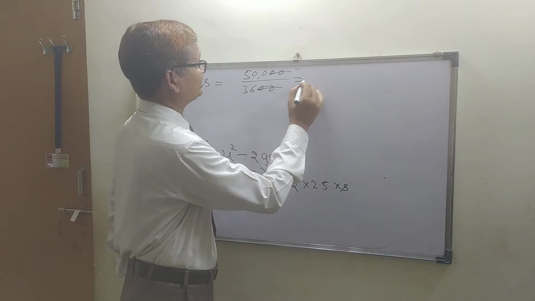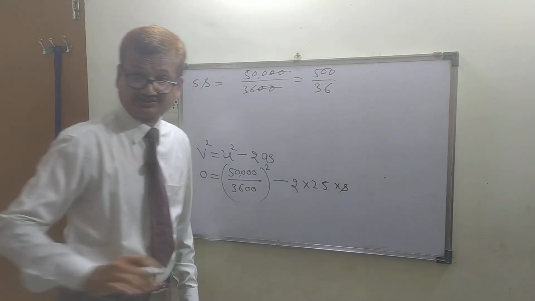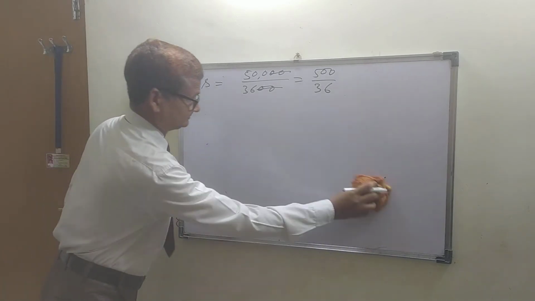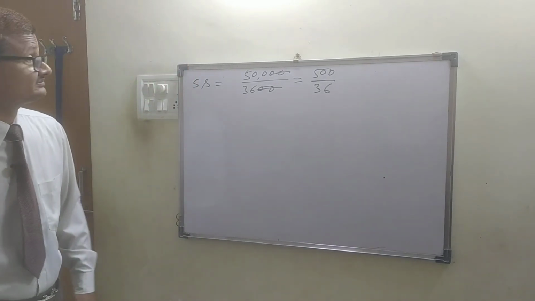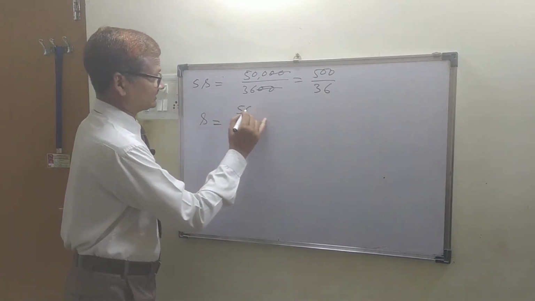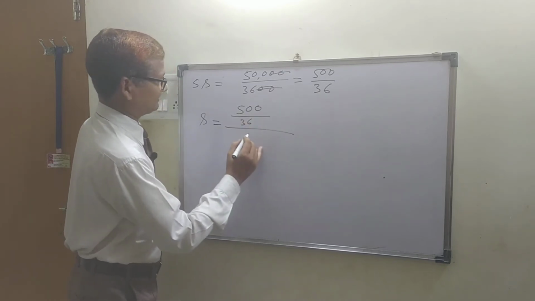This is equal to 500 upon 36. So therefore s is equal to 500 upon 36 divided by 5.